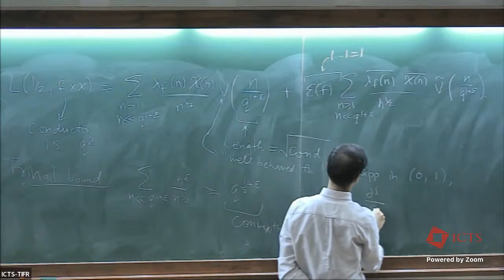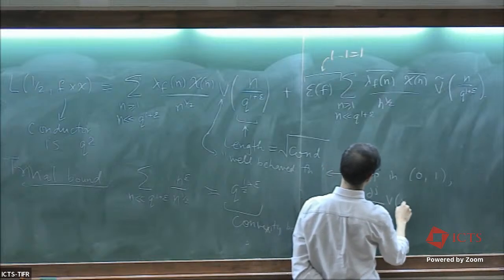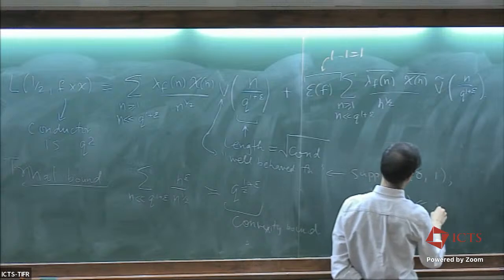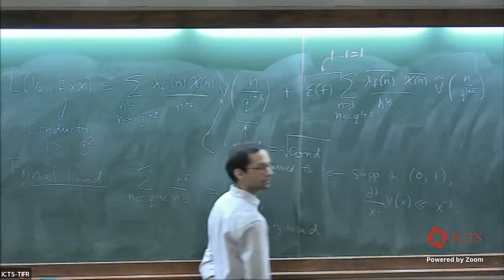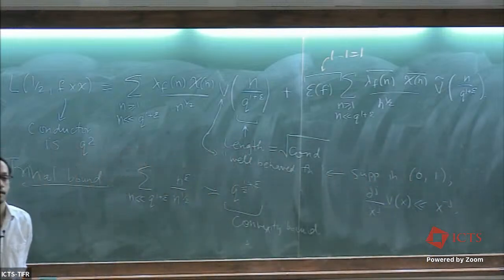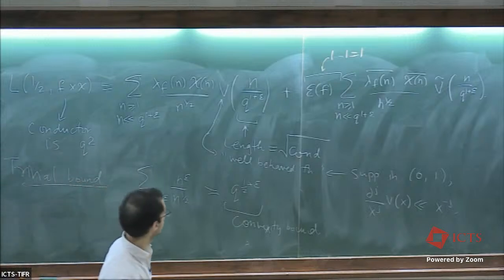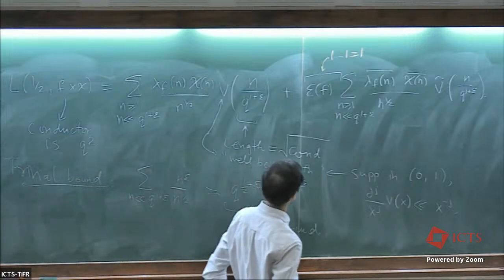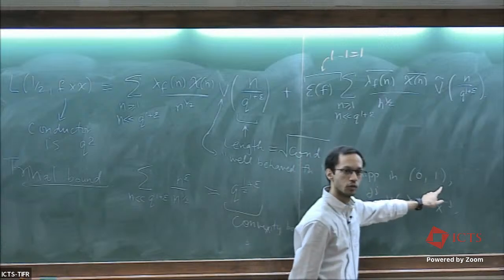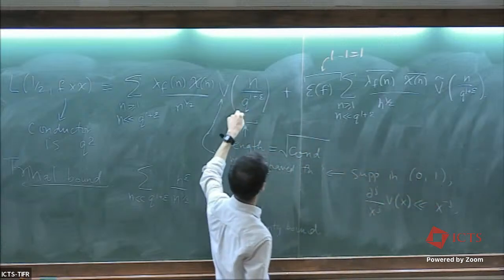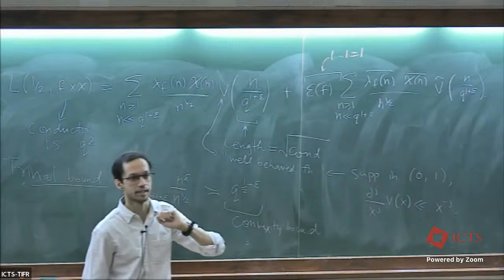So you have something like this. Say again, please. What's the length? So it's supported in 0, 1. So essentially, it means that n is only going to be going up to q to the 1 plus epsilon.